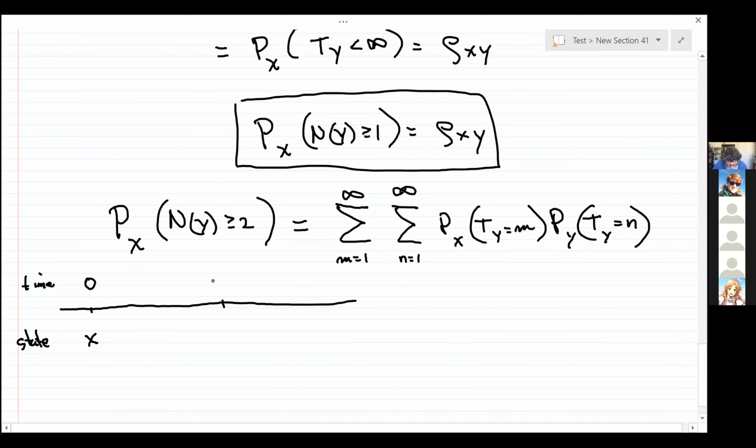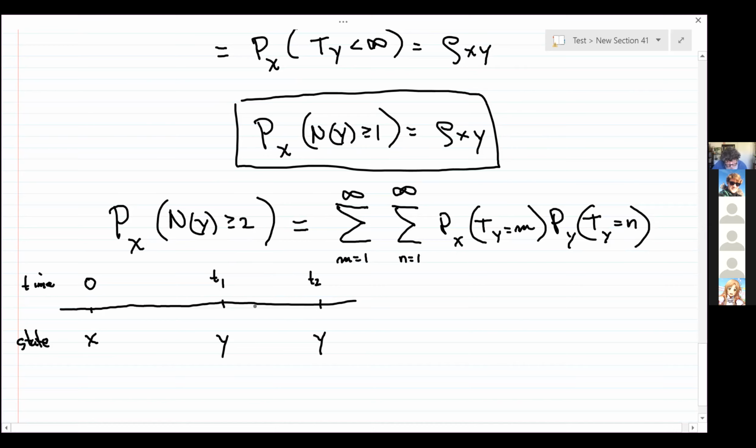Let's call it time 1. The first time I visit y is here, and in between we didn't visit y. And then the next time I visit y is here. And I know there's at least 2 such times because of this. The number of times we visit y is 2 or more. There could be more. You could have visited more than twice, but at least you visited this many times.